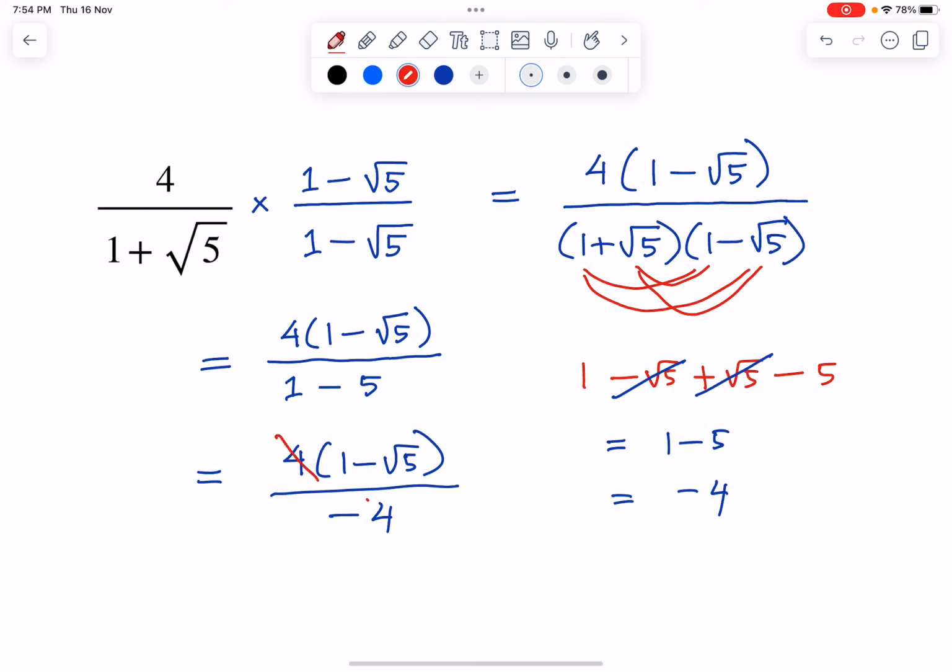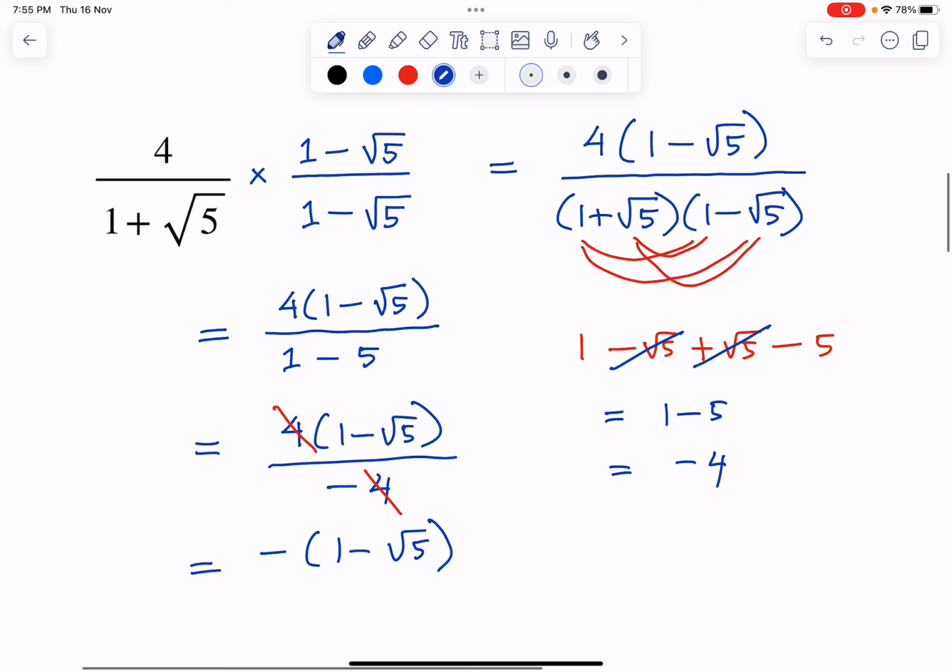And then 4 and 4 we can cancel out. So basically we have negative 1 at the bottom, or we can just say it's negative 1 minus root 5. So in this case the final result will be positive root 5 and then minus 1. Okay, hopefully this makes sense.